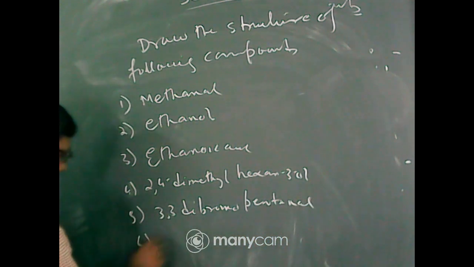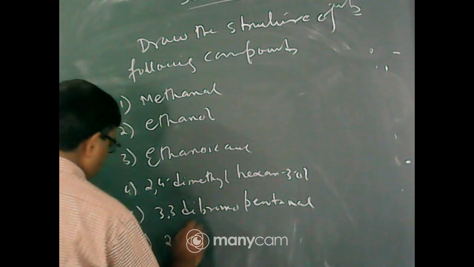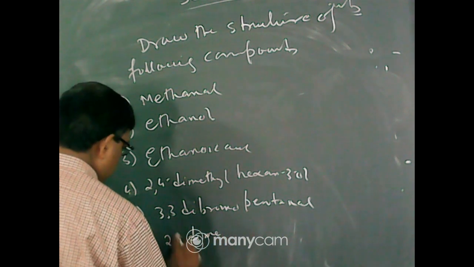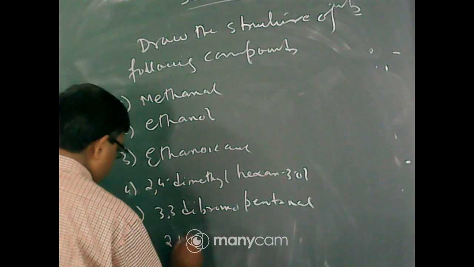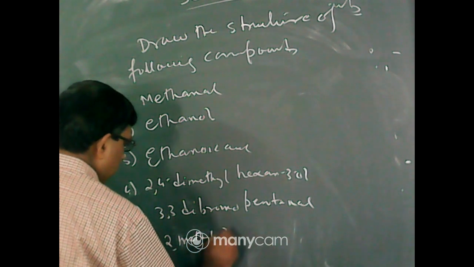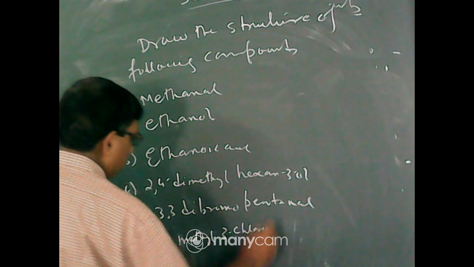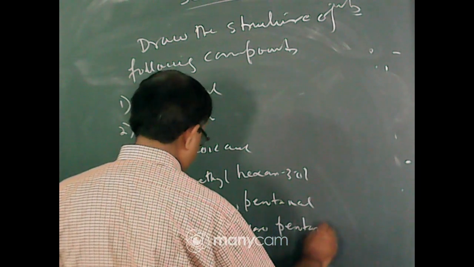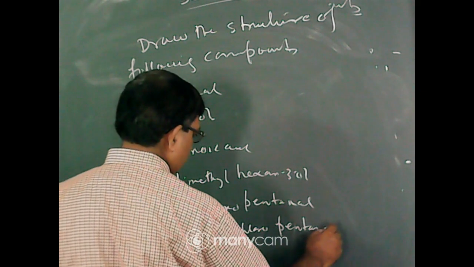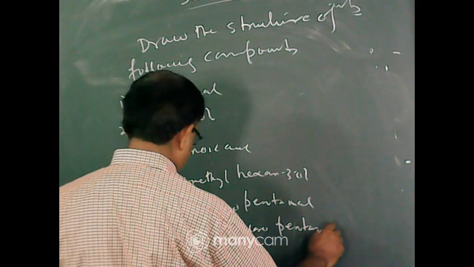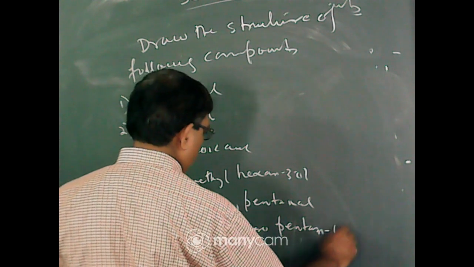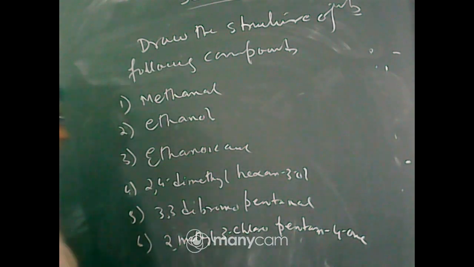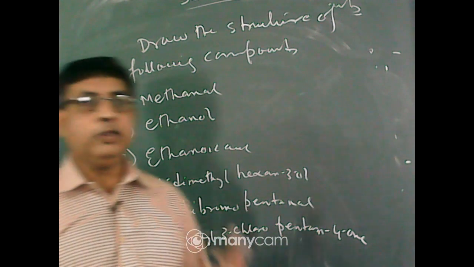And number 6, 2-methyl-3-chloropentan-4-one. You have to draw the structure of the following compounds, whose IUPAC names are given.